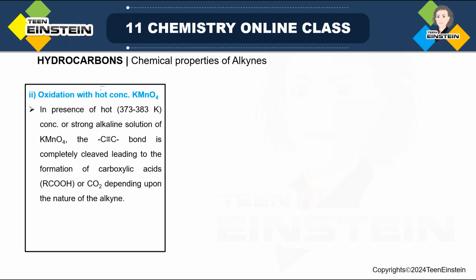Now the next oxidation, now we are going to use hot concentrated KMnO4. It is not dilute. Now when it is hot concentrated, look at the temperature, 373 to 383 K, almost 100 degrees centigrade, concentrated or strongly alkaline solution of KMnO4.